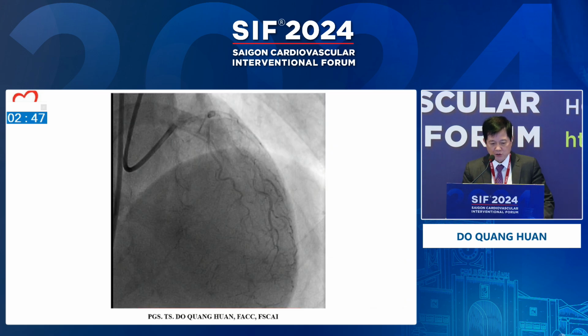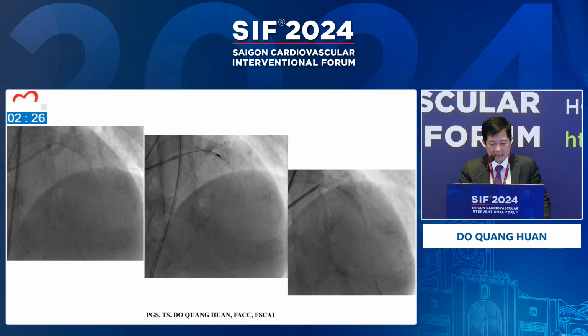This is one patient where the angiogram showed very heavy calcification. We see opacity on both sides of the coronary artery from the left main to the mid LAD and the circumflex.